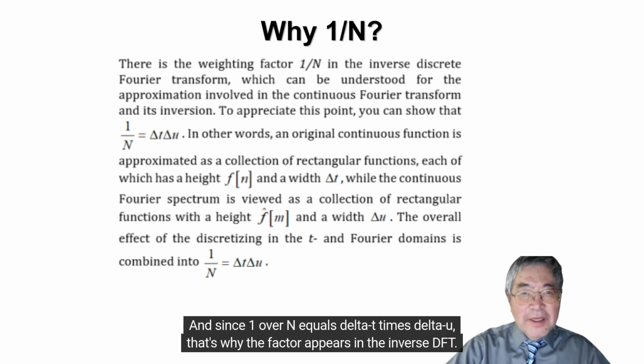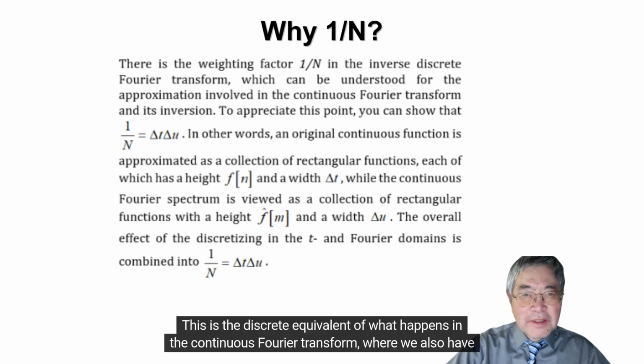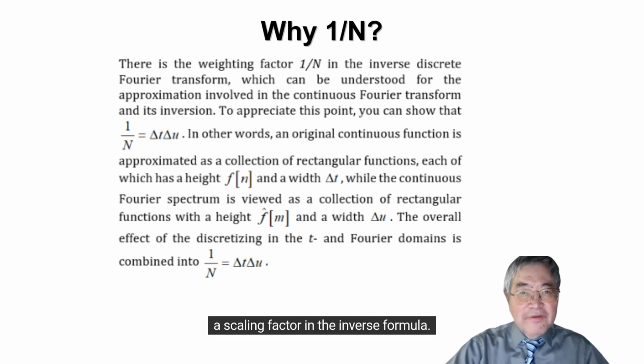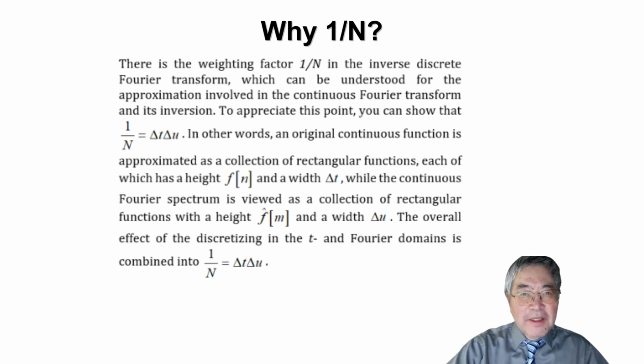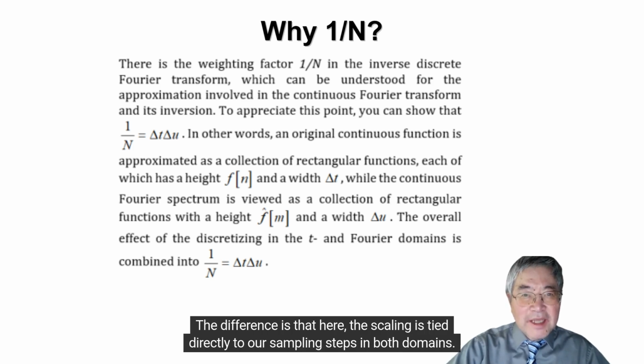And since 1 over N equals delta t times delta u, that's why the factor appears in the inverse DFT. This is the discrete equivalent of what happens in the continuous Fourier transform, where we also have a scaling factor in the inverse formula. The difference is that here the scaling is tied directly to our sampling steps in both domains.